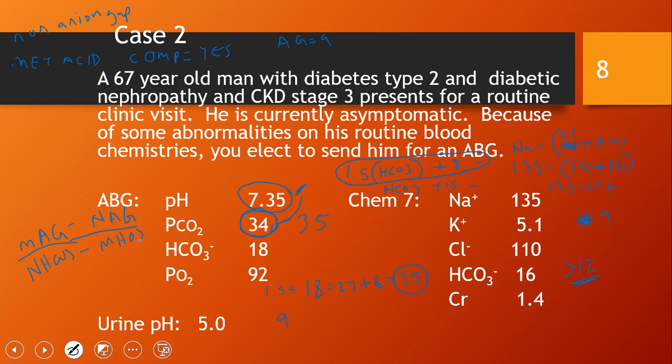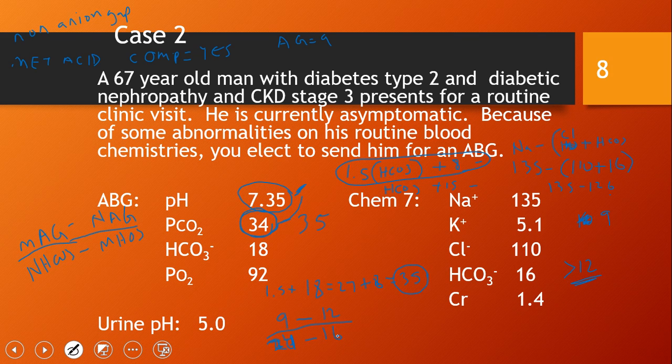Measured anion gap is 9 minus the normal anion gap, which is 12, over normal HCO3, 24, minus his measured HCO3, which is 16.